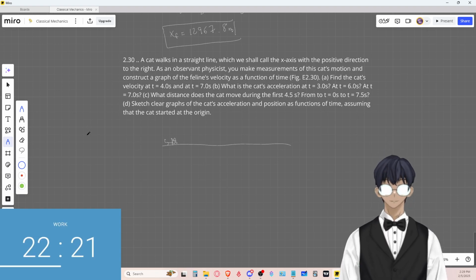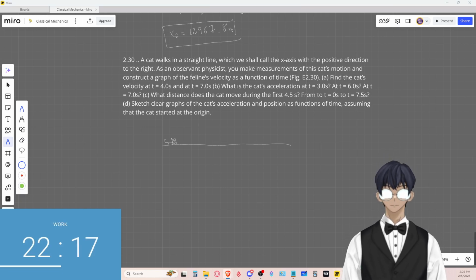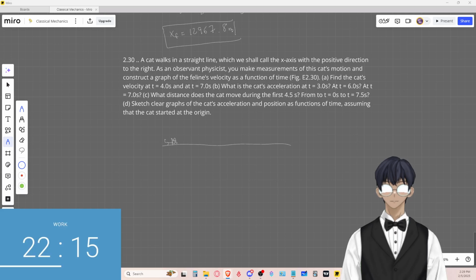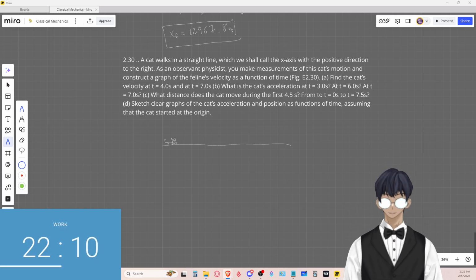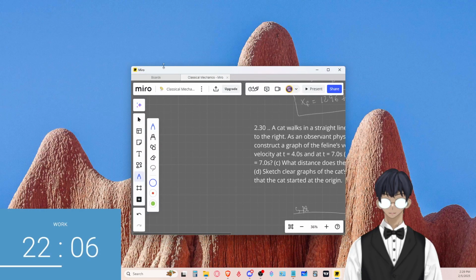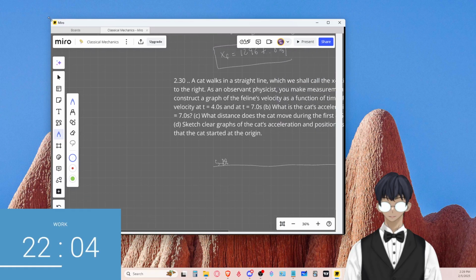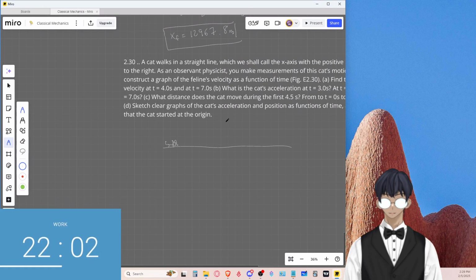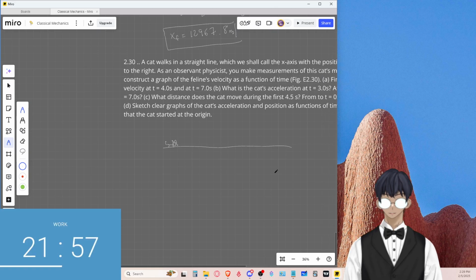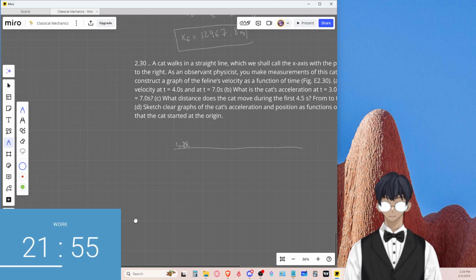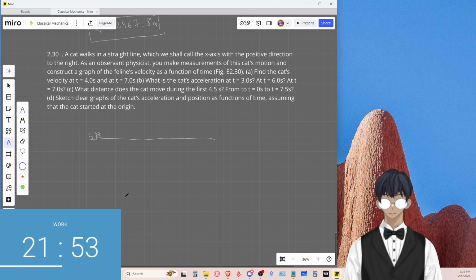I wonder if I can actually copy it for you guys. So let me see if I can copy this graph. I don't think I can though. Maybe I can minimize it so we can get a little bit of the textbook in here. Let me drag this over a little bit and shrink it.